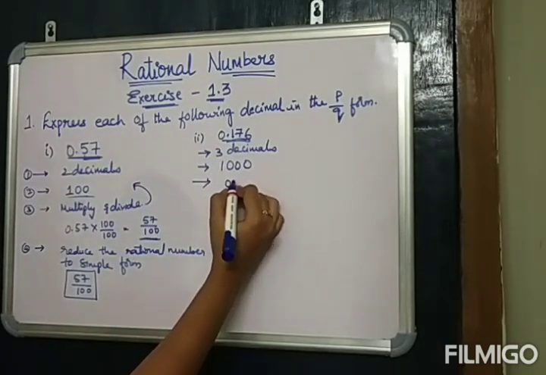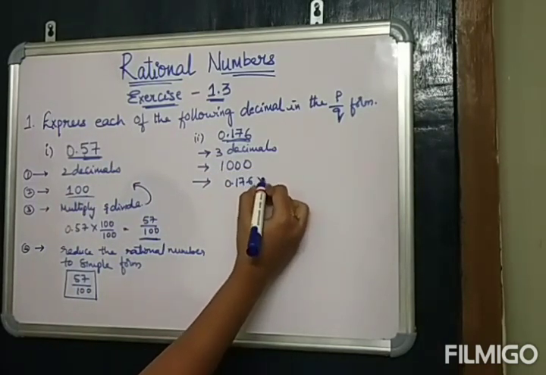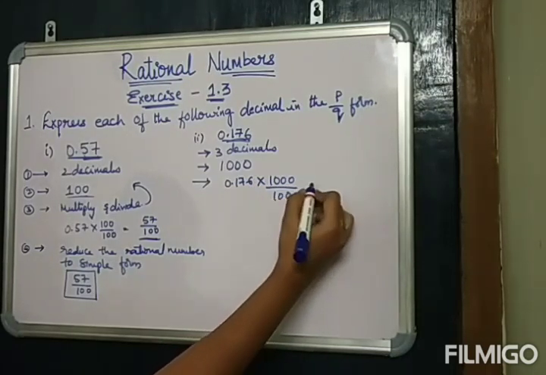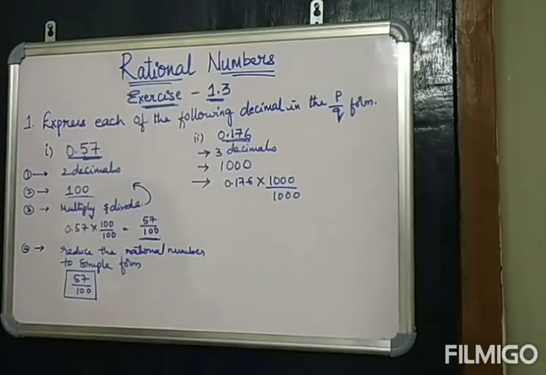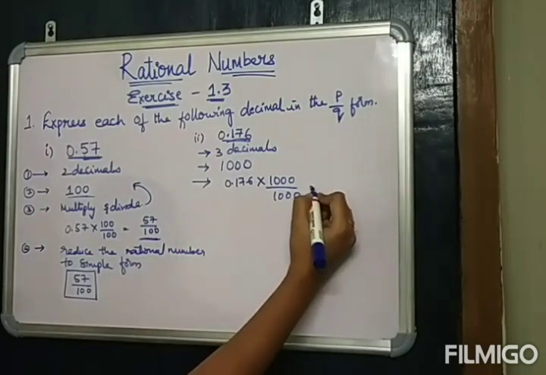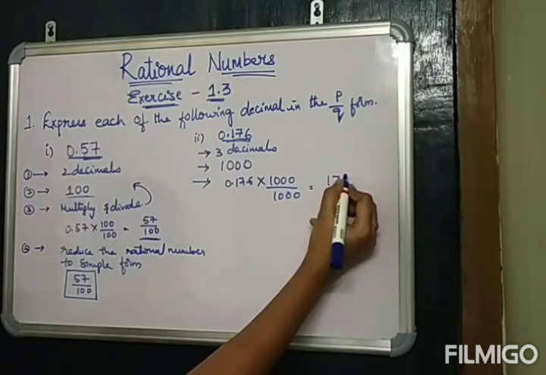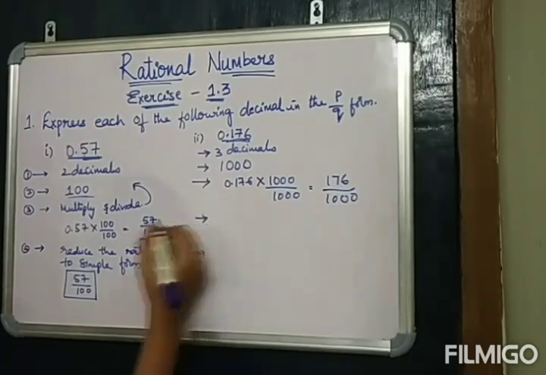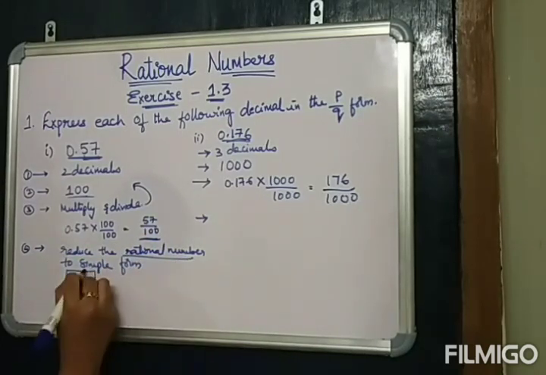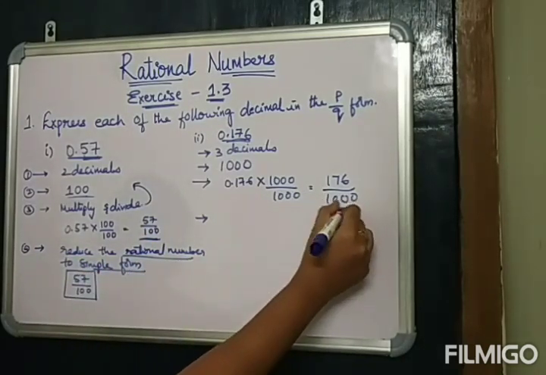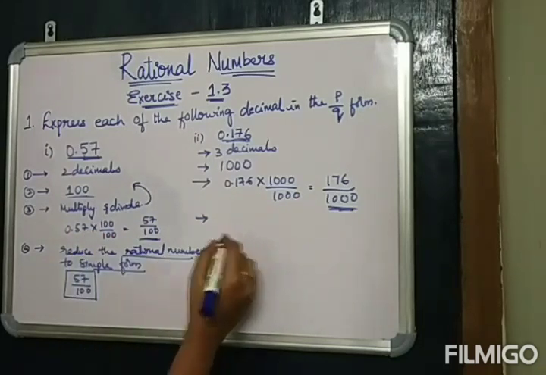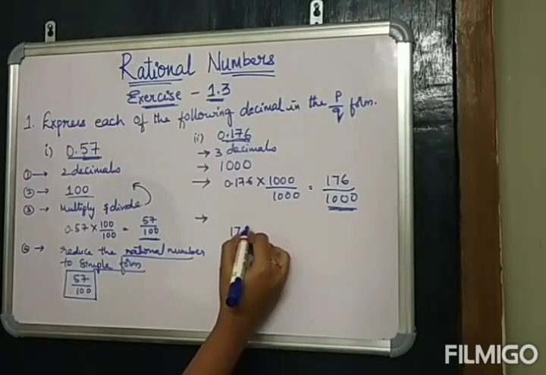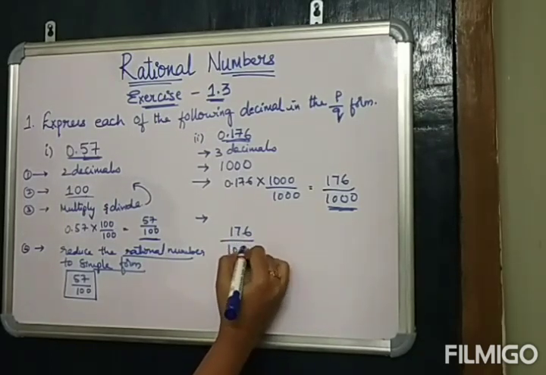That means 0.176 multiplied by 1000 divided by 1000. We obtain 176 divided by 1000. In the fourth step, reduce that rational number to simple form. Means 176 divided by 1000.